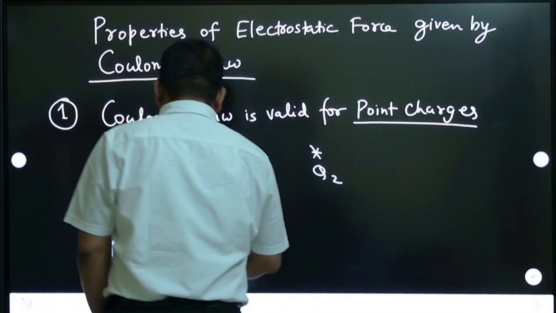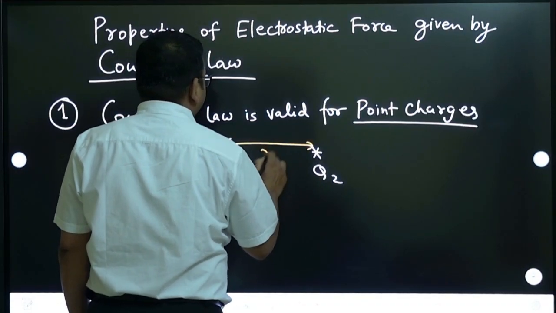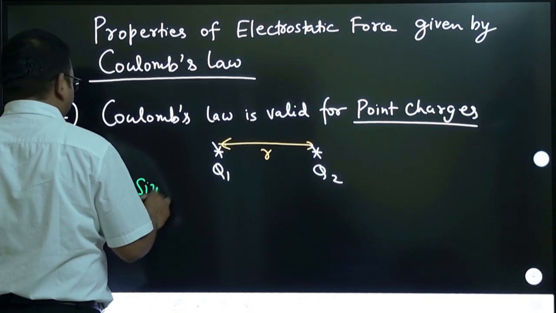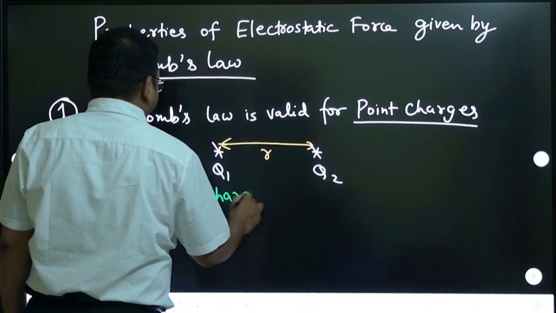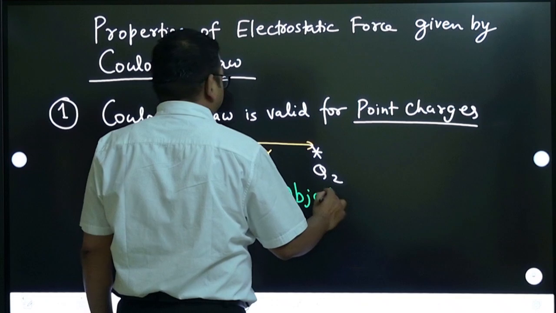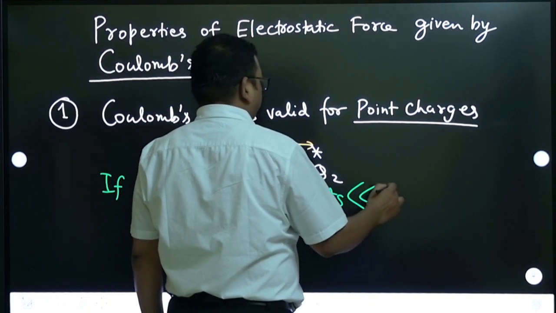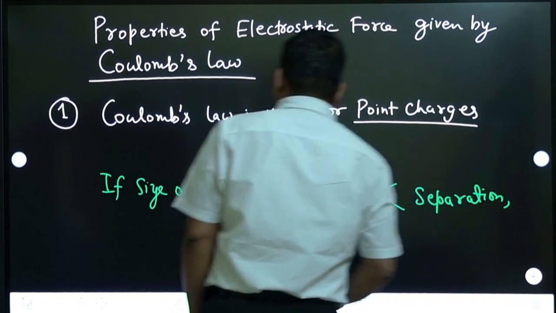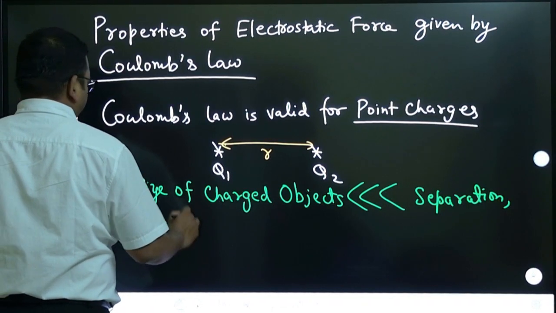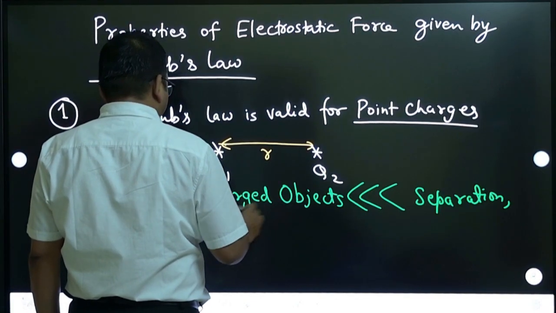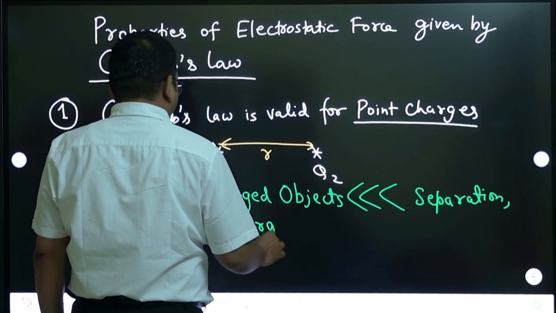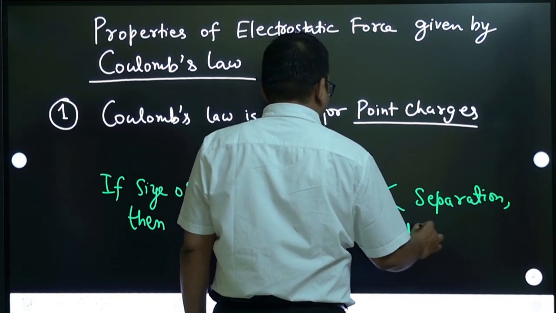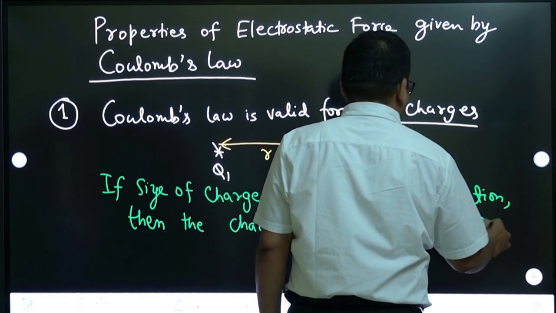So if the distance between the charges, which is r, is very, very large compared to the size of the charged object, then the charges can be considered as point charges.